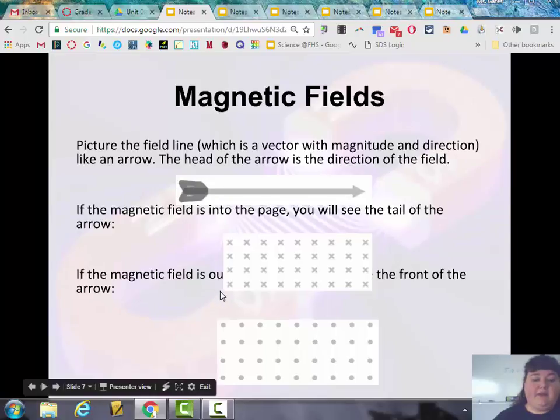If our field is coming out of the page, we would represent it with circles or dots, coming out towards us, just like you would see the head of the arrow as a point. So X's mean the magnetic field is going into the page or curling this way. And if our magnetic field is out of the page, it would be curling this way.